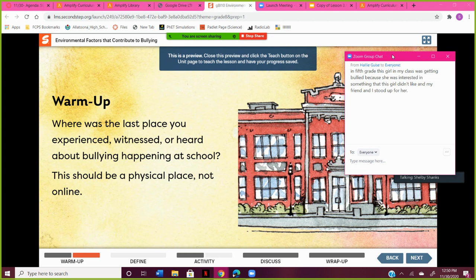Like where in the school? Was it in the classroom? Was it in the lunchroom? Where was it? Okay, so it was in the classroom. So if y'all want to think of ones from elementary school or from 6th grade or last year, you can let me know. So Haley's example was actually in a classroom. Haley, where was the teacher when this was happening?